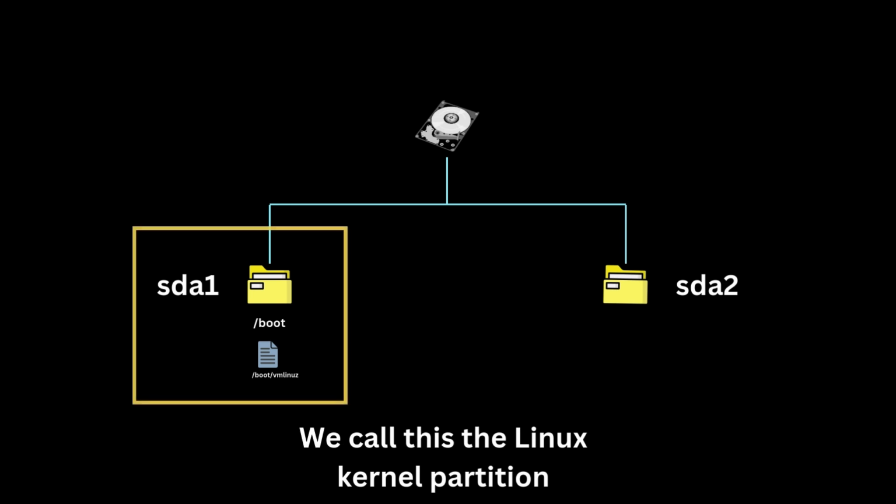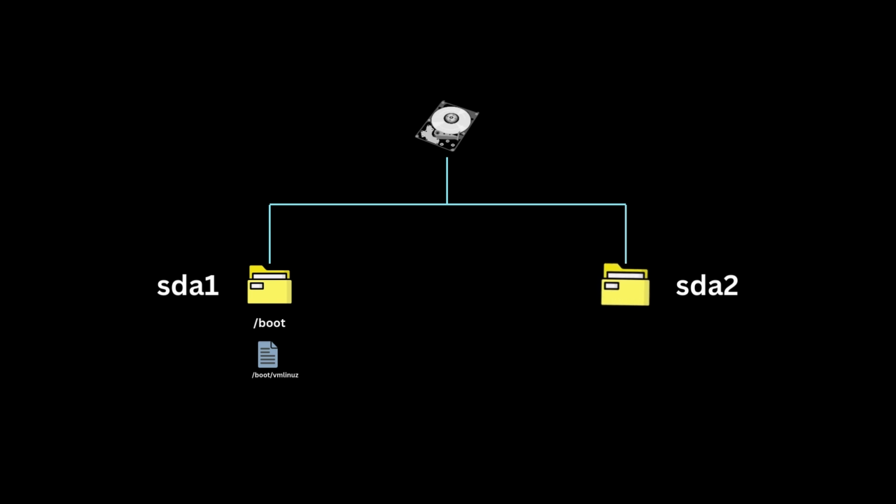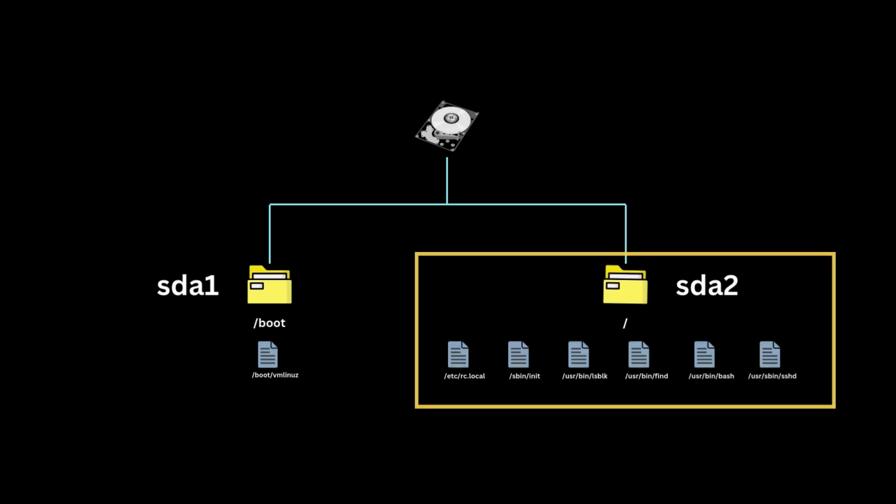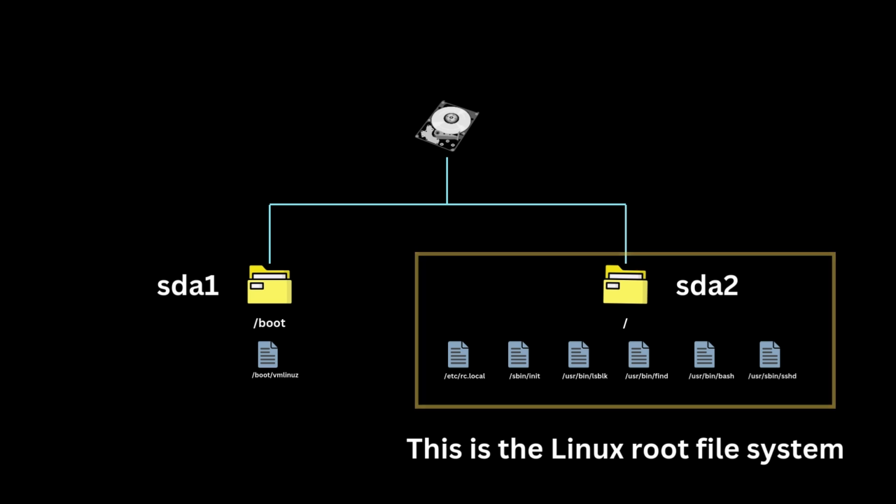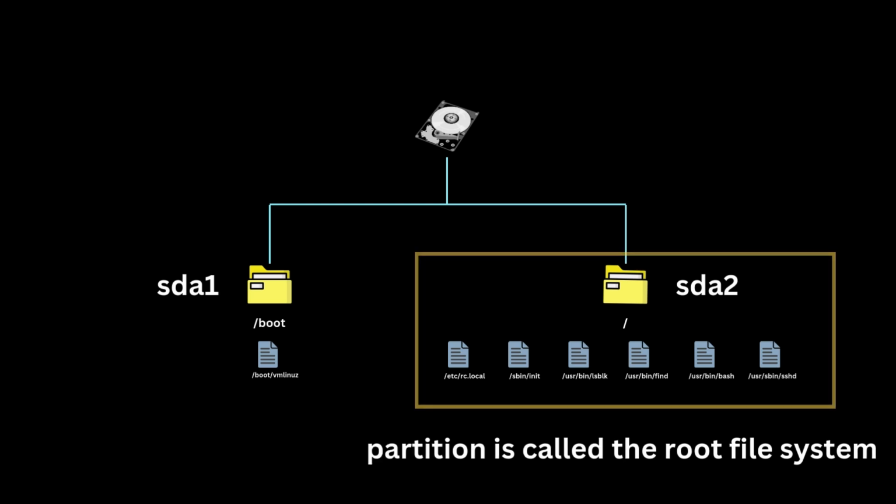We call this the Linux kernel partition. In the second partition, sda2, under /, you'll find the other 6 files. This is the Linux root file system, and the partition is called the root file system partition.